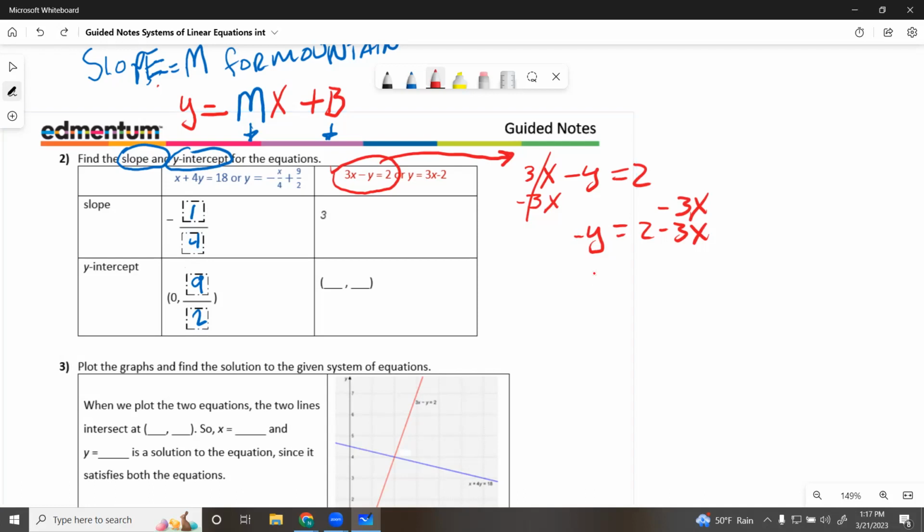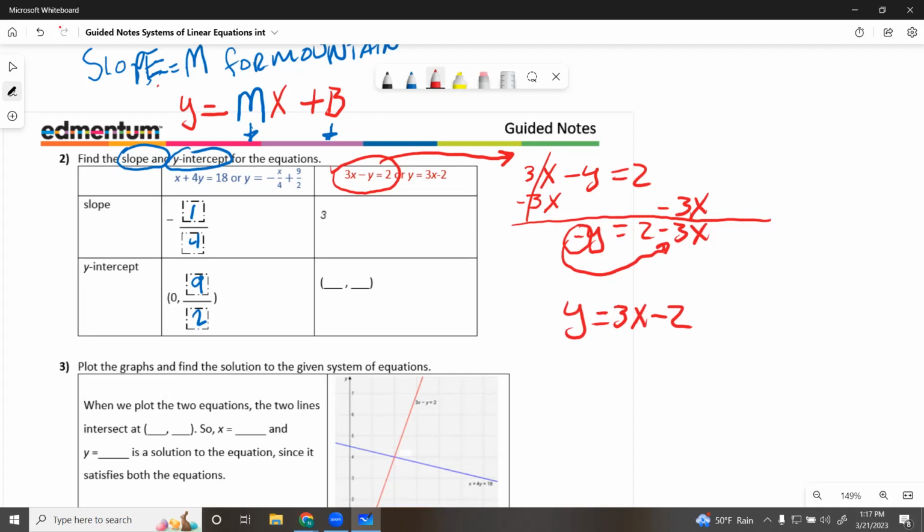So that negative flips over here, and it becomes 3x minus 2. So y equals 3x minus 2.